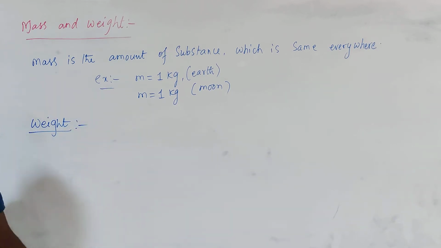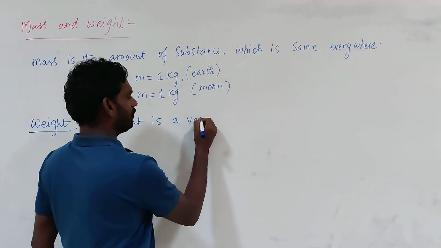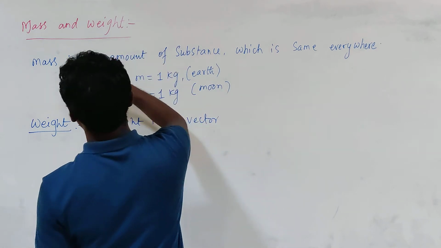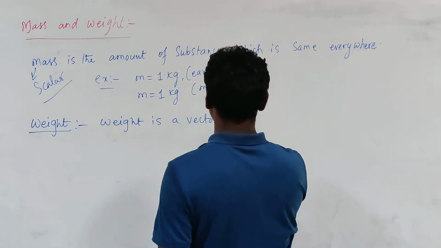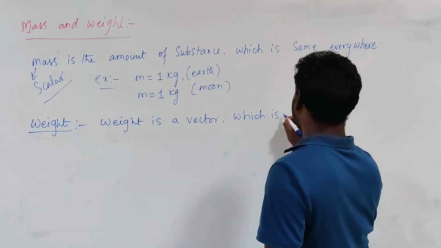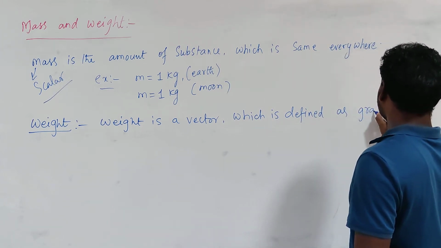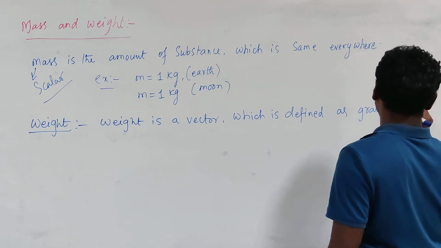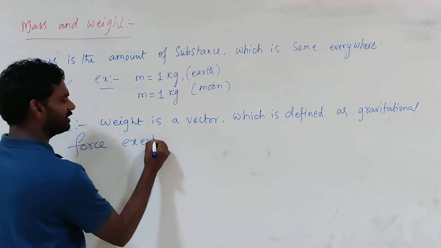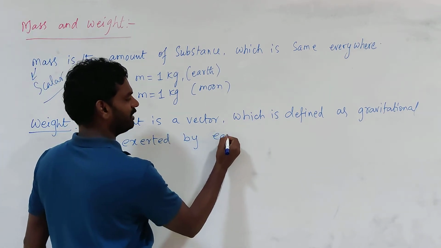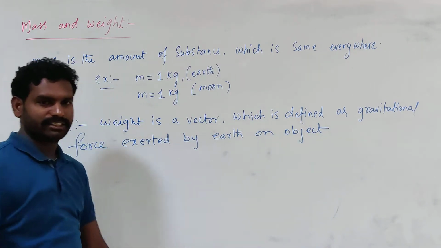Weight is different. Weight is a vector quantity. And we know mass is a scalar quantity. Weight is a vector quantity which is defined as the gravitational force, or simply the force exerted by the earth on the object. The force exerted by the earth on the object is called the gravitational force.